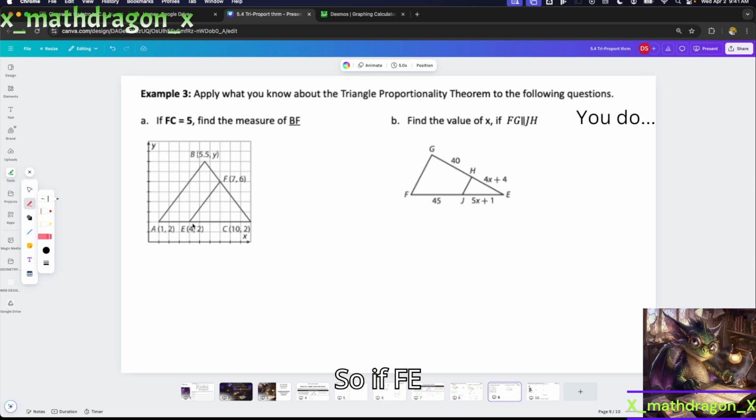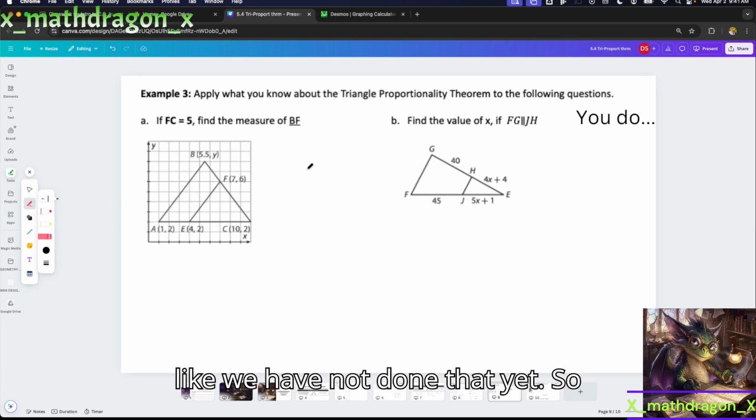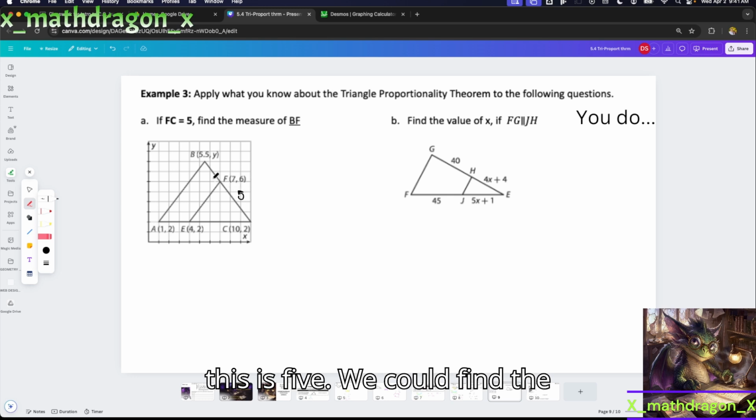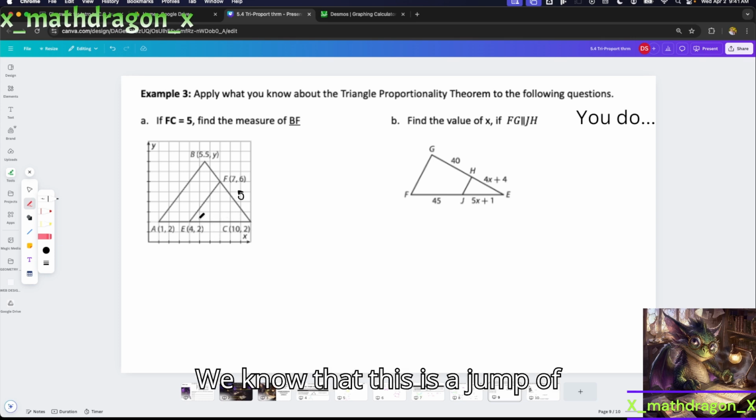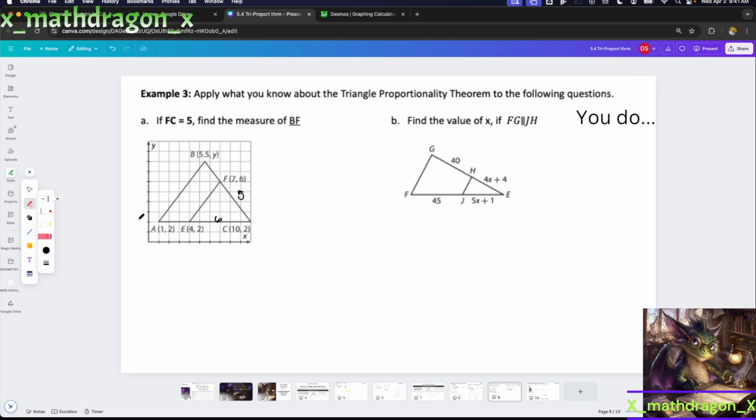So if FE is 5, find the measure of BF. Oh, FC, I'm sorry. We have not done that yet. So this is 5. We could find the distance of this whole thing. We know that this is a jump of 1, 2, 3, 4, 5, 6. And this is a jump of 1, 2, 3.